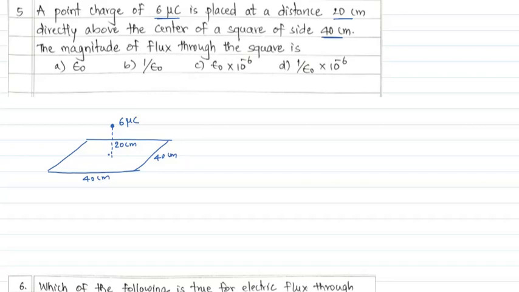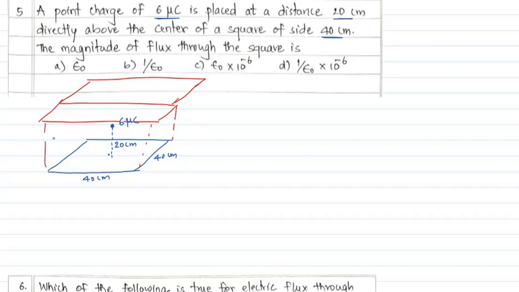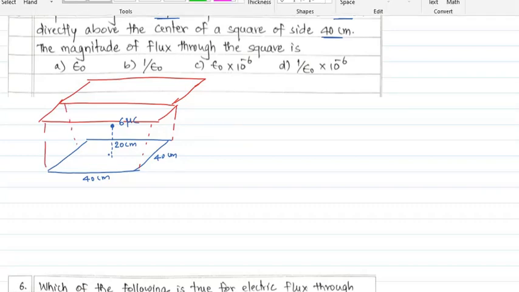Now you develop this as a cube so that the charge comes at the center. Roughly, somewhat in this form you will have a cube where the charge is exactly at the center.